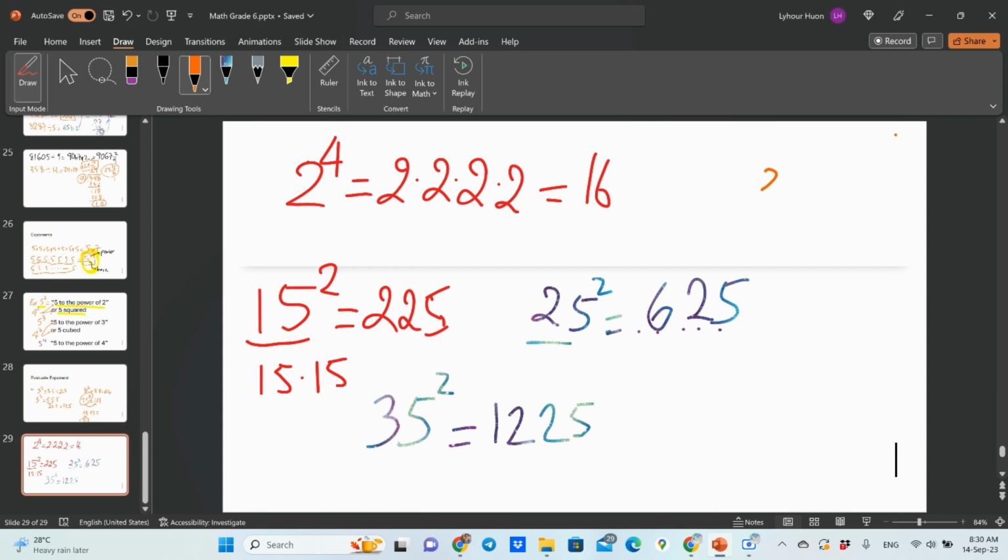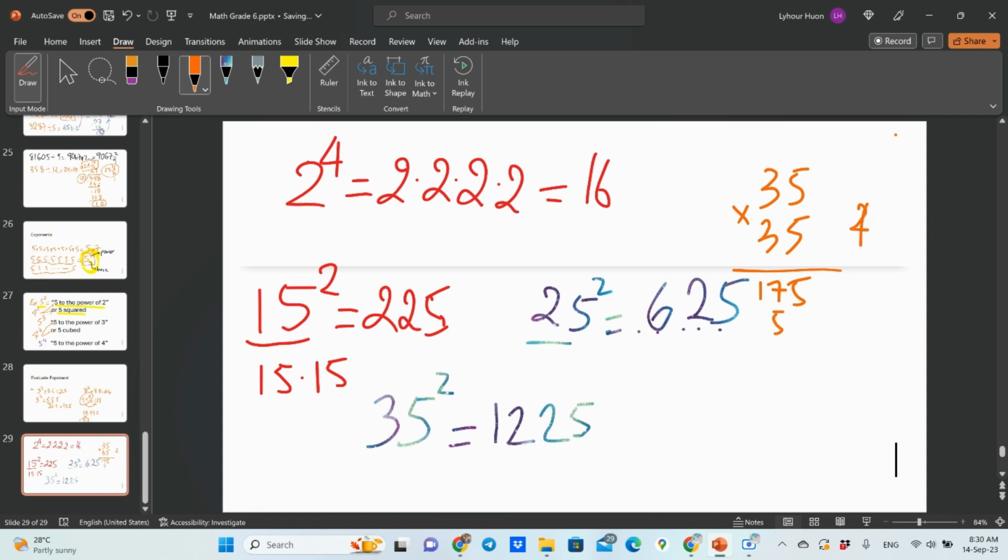Okay, let's do the check together. 35 times 35 is the answer. 5 times 5, 25. So 5 here, we have 2. 5 times 3 is 15, and 2 is 17. Then 3 times 5 is 15.